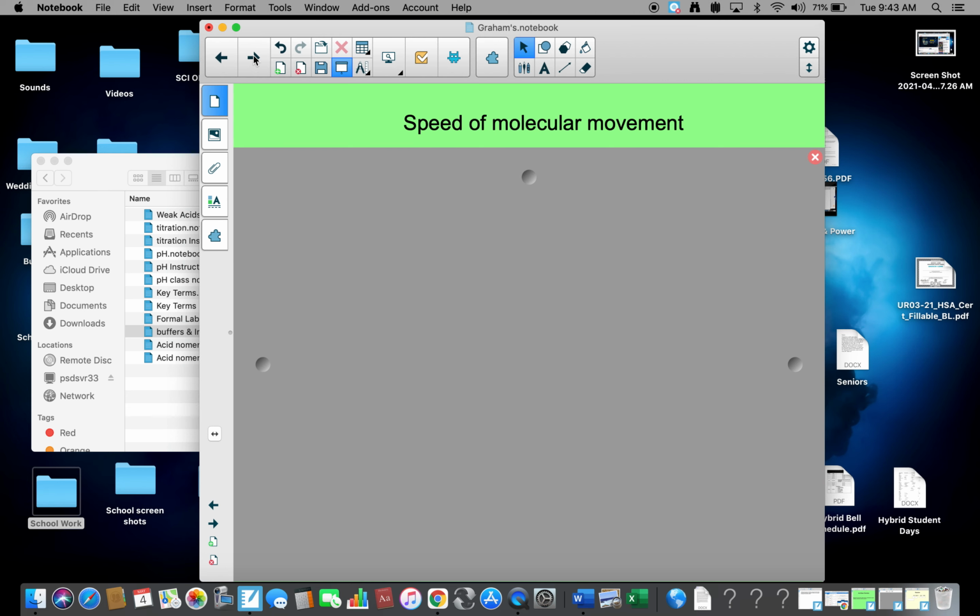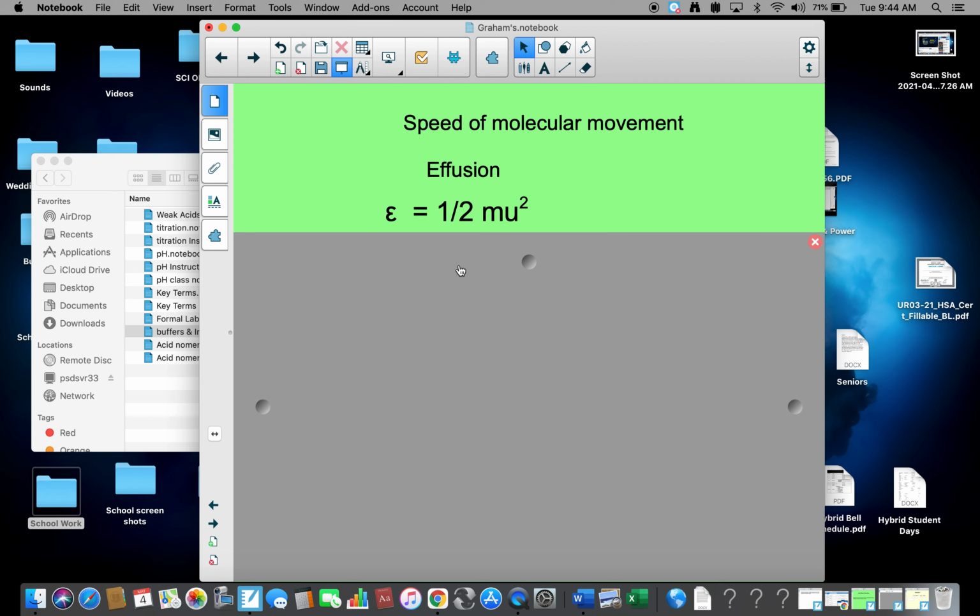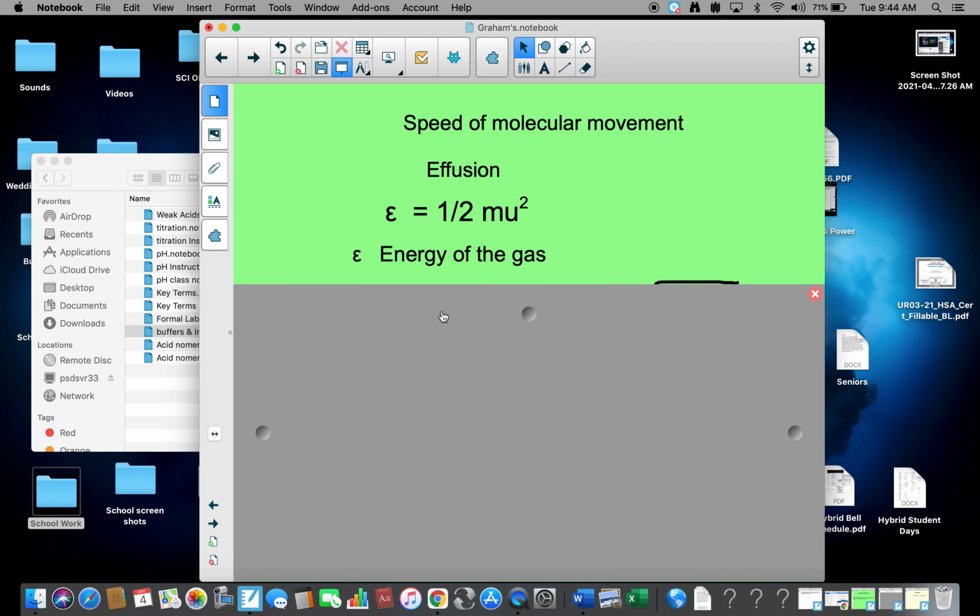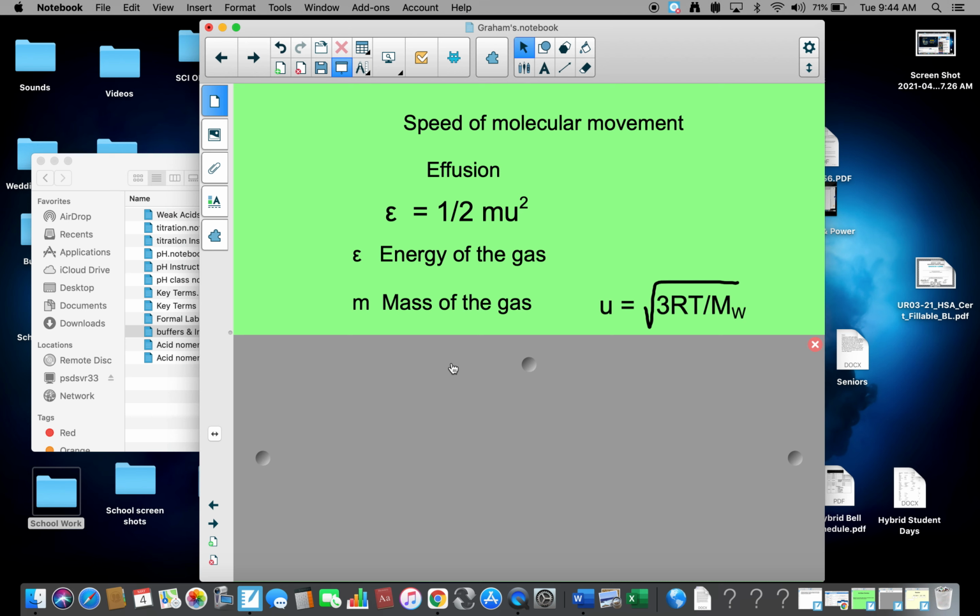So we use those things to give us something called the speed of molecular movement. Now, this value is called effusion, movement of gases. The value here is the effusion, E value, is equal to 1/2 mu squared, where E is the energy of the gas, m is the mass of the gas, and U is the value, the square root of 3RT over MW.